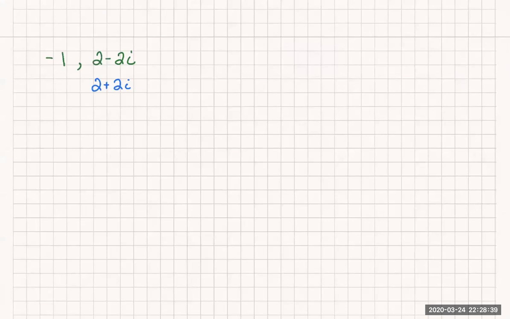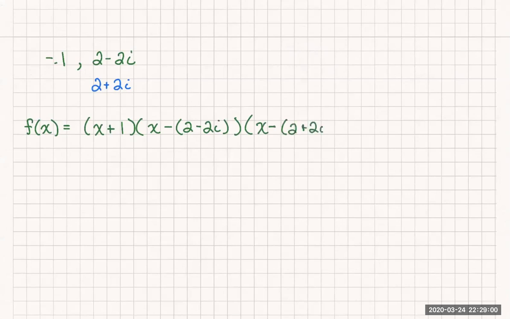Now I put this into my linear factorization theorem. So x minus -1, which is x plus 1, times x minus (2 minus 2i) times x minus (2 plus 2i).